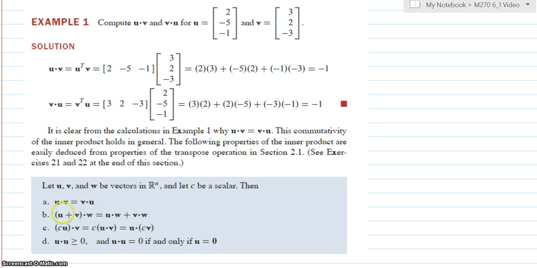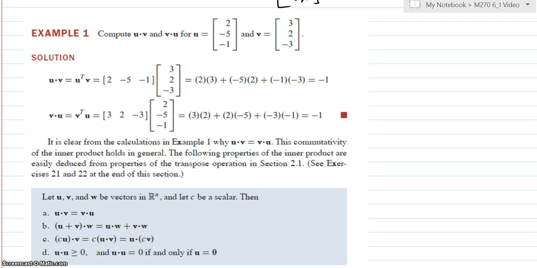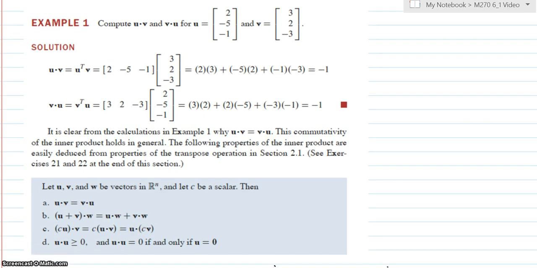We also know that you can distribute w on the right. You can check that out with the transposes as well. The first three you can just see in chapter 2. The third one says you can bring out the c no matter where the c is. The last one is the one that I want to concentrate on.